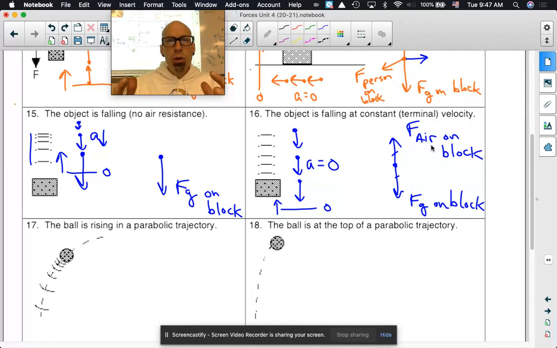The faster you can create that air resistance force, like with a big old parachute, then your force of air resistance and your force of gravity can balance out at a very slow speed. If you don't have a parachute, you're going to be moving pretty fast. You got to be going pretty fast to make the air resistance force on you as big as the gravity force on you.